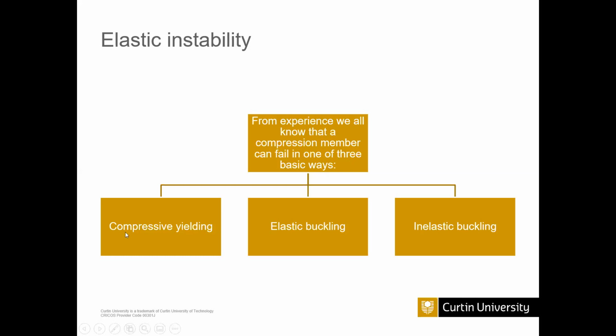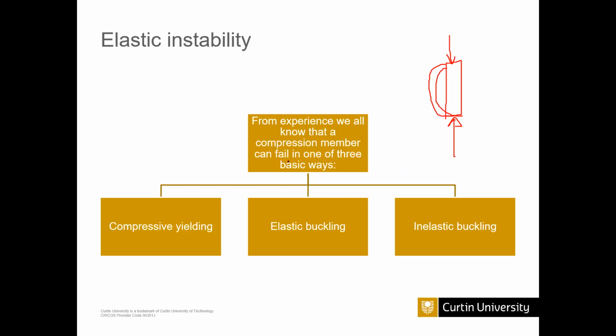I will draw here. If we have a beam like this and apply an axial load like this, it will buckle, because of these two end conditions. With the length of the shaft, the failure mechanism will change.